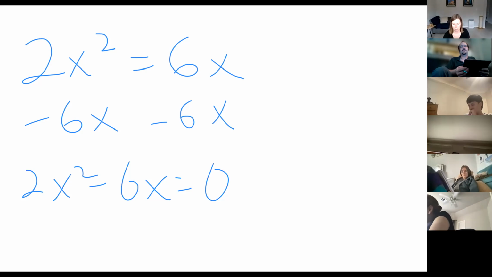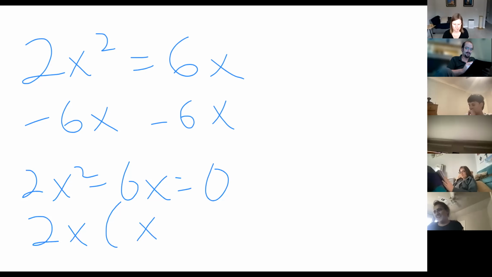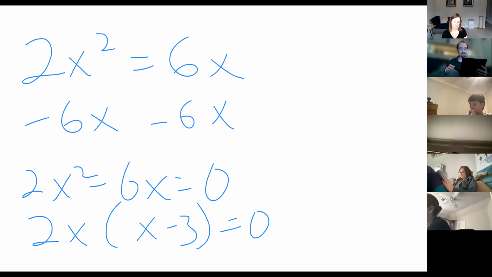If I want to factor that, how do I factor that? You want to have your GCF as 2x. Yeah, so the GCF is 2x, and then the remaining is x minus 3. So 2x times x minus 3 equals 0. x equals 0, x equals 3.